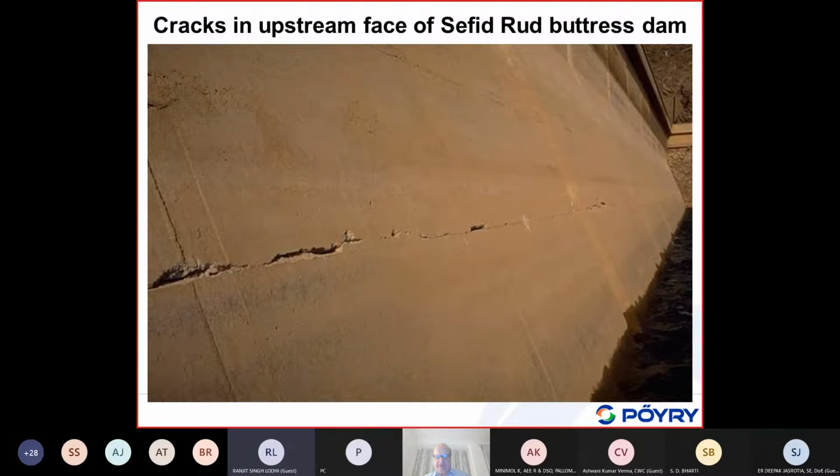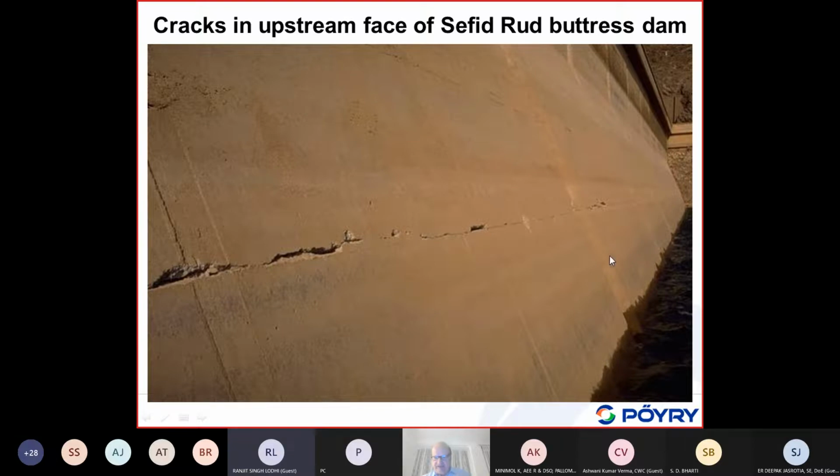Now, if you look in the upstream phase, the crack also showed, or several cracks, those which were leaking. There are some cracks which went through all the buttresses from left bank to the right bank, and they were also along, as you can see, this lift joint.